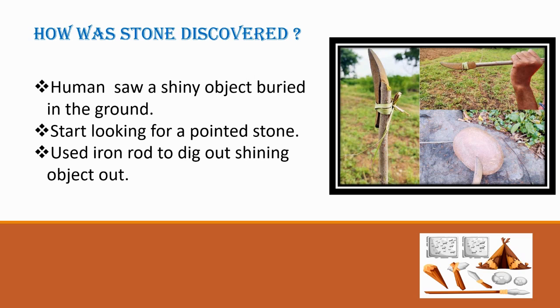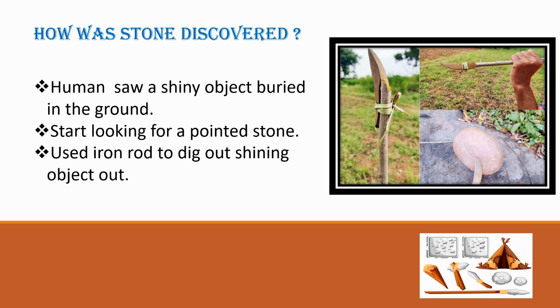Perhaps first you would scrape it with your fingers, and if it didn't work, you might try to dig it out with a twig or stick. But if that too didn't work, you would have to look for another object such as a pointed stone or stick, just to do your job.